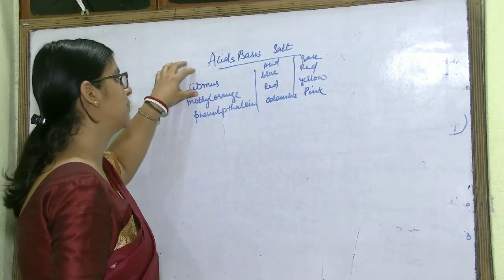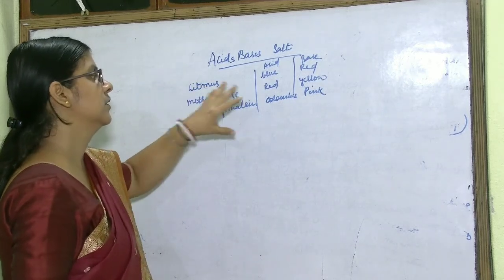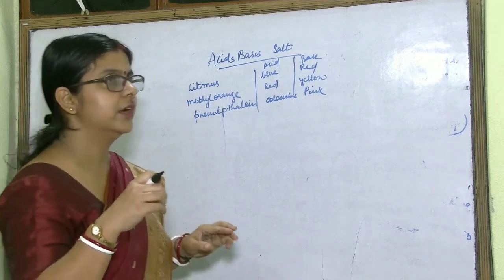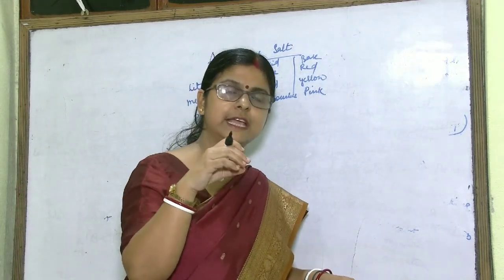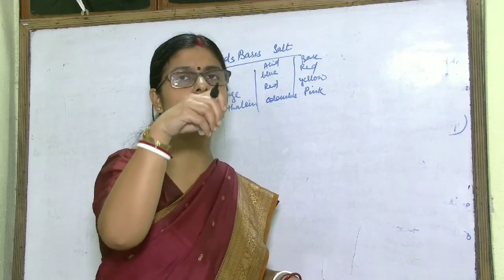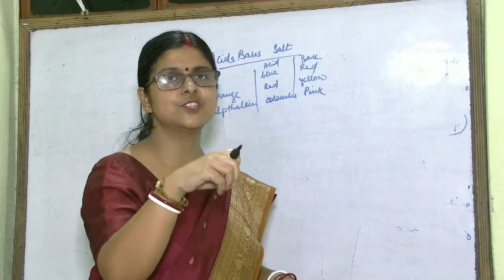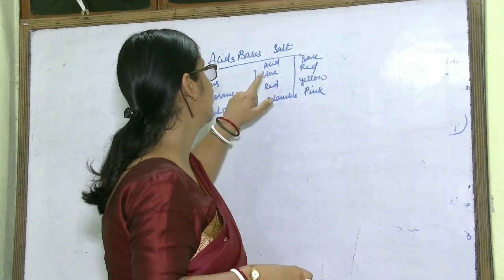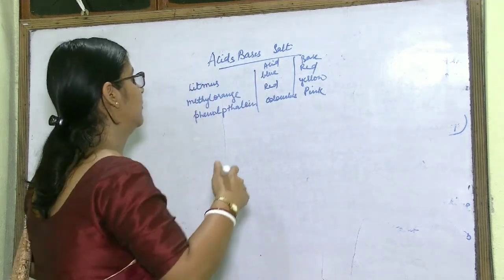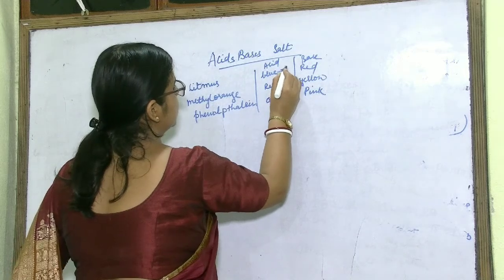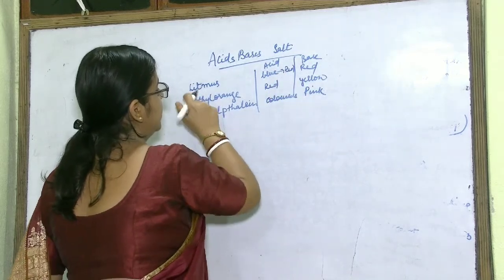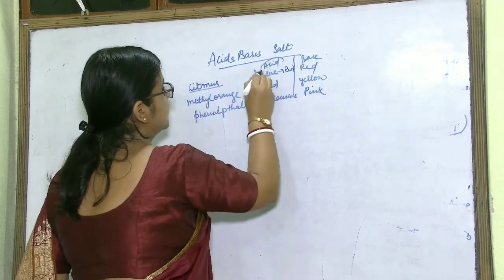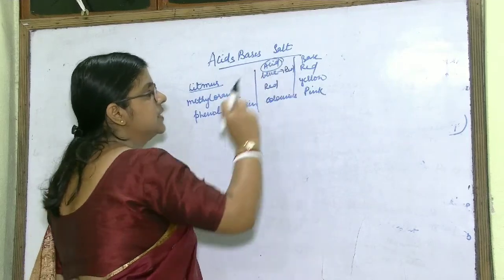When you take a litmus paper and put a drop of this acid solution to it, what will happen? Blue litmus turns red. In acid solution, blue litmus turns red.